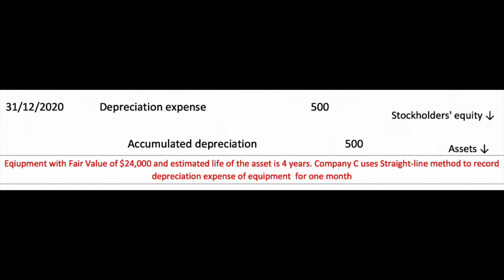The fifth adjusting transaction, equipment with fair value of $24,000 and estimated life of the asset is 4 years. Company C uses straight-line method to record depreciation expense of equipment for 1 month. The accountant would debit depreciation expense for $500 and credit accumulated depreciation for $500.